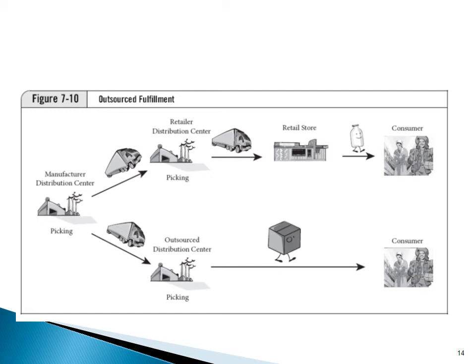The lower channel is through that outsourced distribution center, and the advantage is that, because it may be rented from a third party, it can be located very close to the consumers. So there is an added transportation cost advantage. The company doesn't have to build their own distribution center. Whenever there is a demand, they can get it from somebody else. But again, as we discussed, there is a loss of control and chances of loss of goodwill.